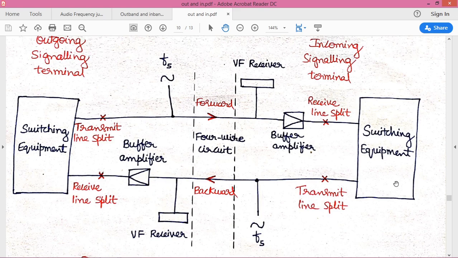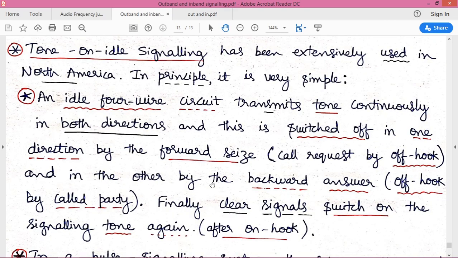In order to transfer that answer signal, we will switch off this control signal in the backward direction. Generally the backward answer signal must be sent to the calling party. In such a case, the control signal will be turned off.